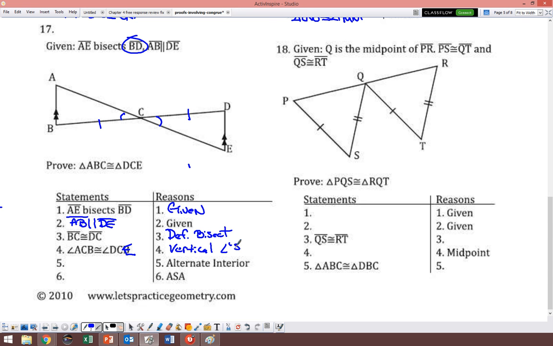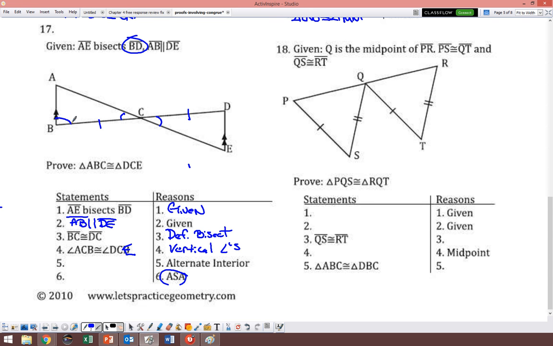Now, because I have parallel lines, I have alternate interior angles. Now, I'm going to look at this piece right here to tell me which one I want to have. If it's supposed to be angle, side, angle, I have an angle here, I have a side here, so where does the other angle have to be? B, right?